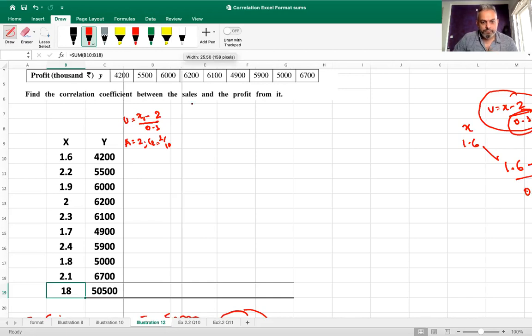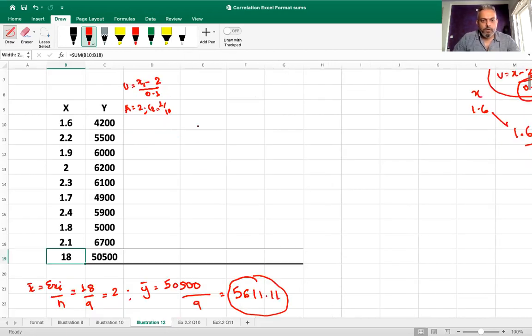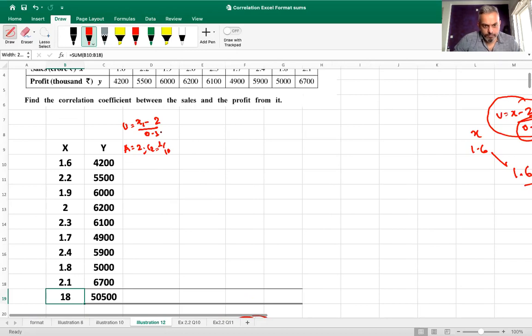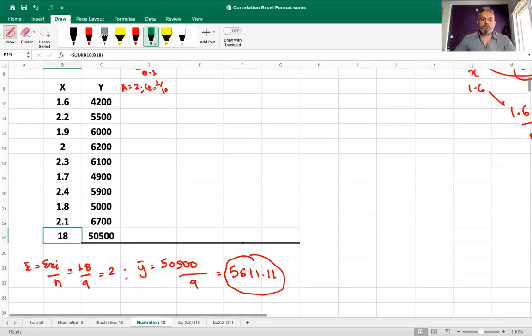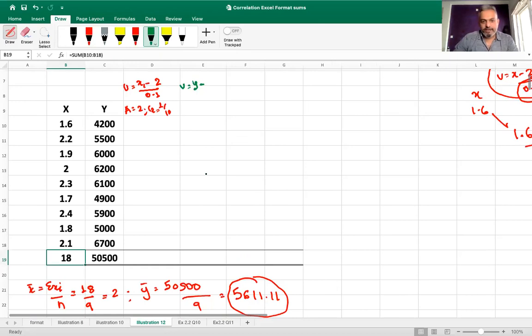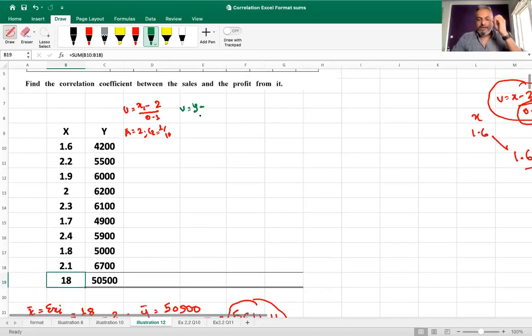Now over here, v. So v is equal to y minus. Now pay attention, assuming what will we take? The mean is 5611. So we'll take a number nearer to the mean, generally a multiple of 10 or 100 over here.